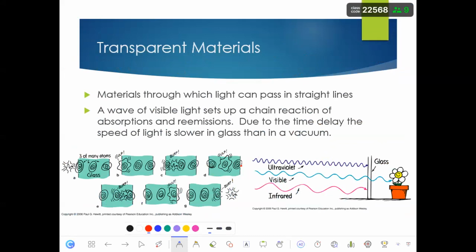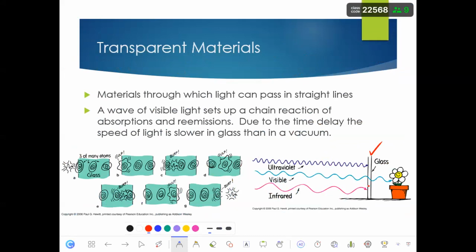So you see in this graph, we have a glass and we have visible light. Ultraviolet, visible, and infrared are parts of the electromagnetic spectrum. So what happens to ultraviolet and infrared when they reach the glass?